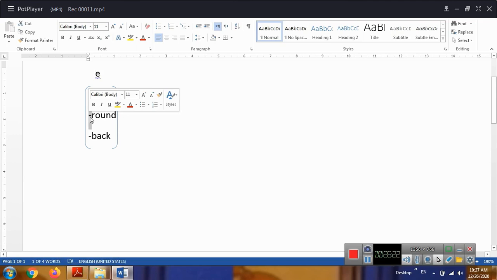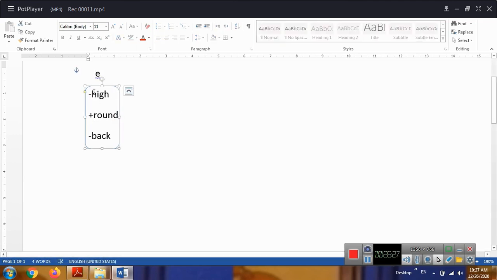For example, I want to write plus round instead of minus round, and here our sound will be different.